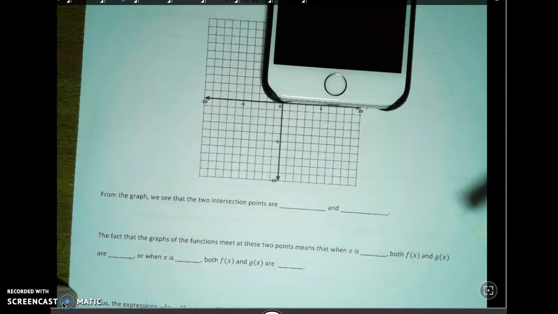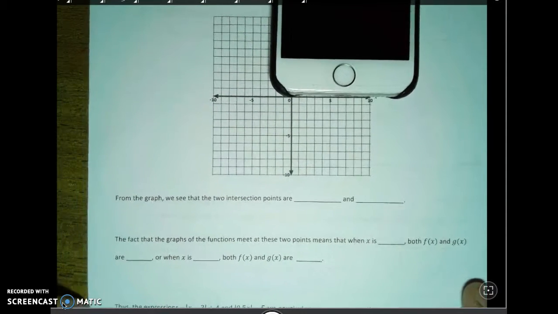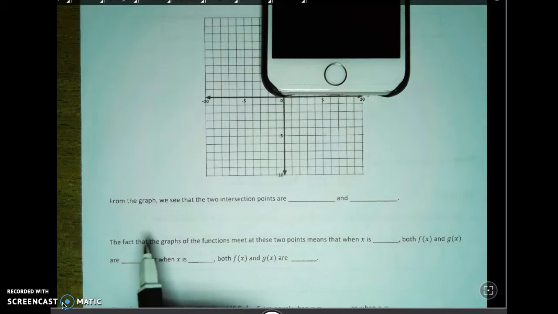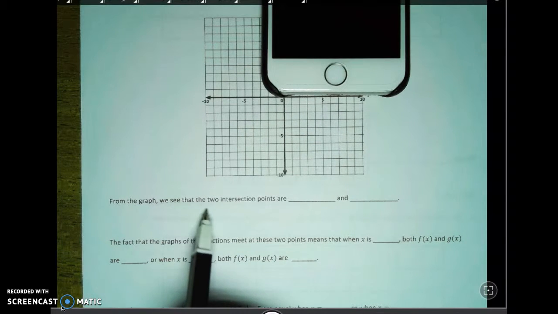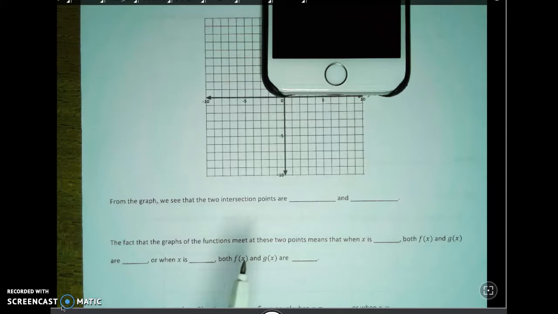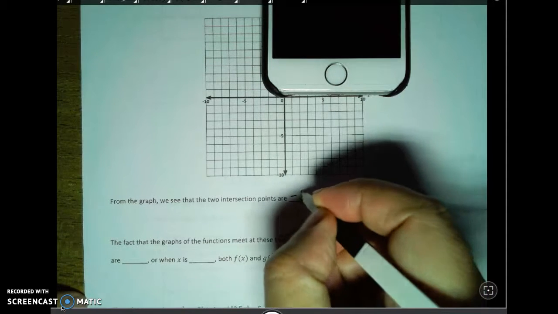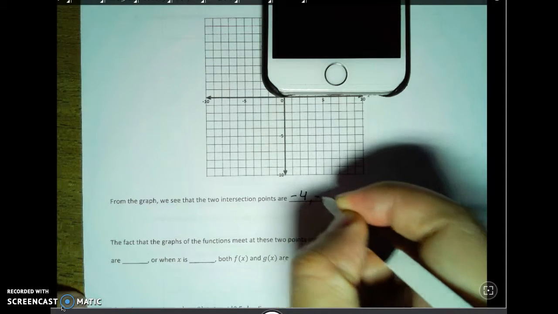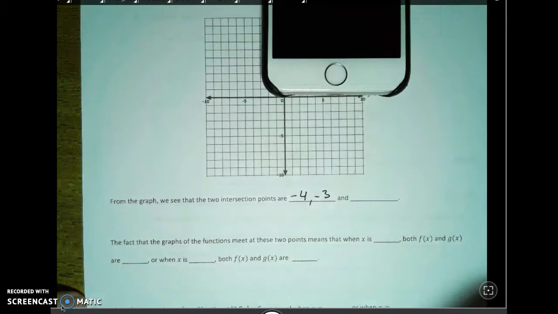Now we have a little fill in the blanks. From the graph, we see the two intersection points are negative 4 and negative 3, and 8 and negative 1.